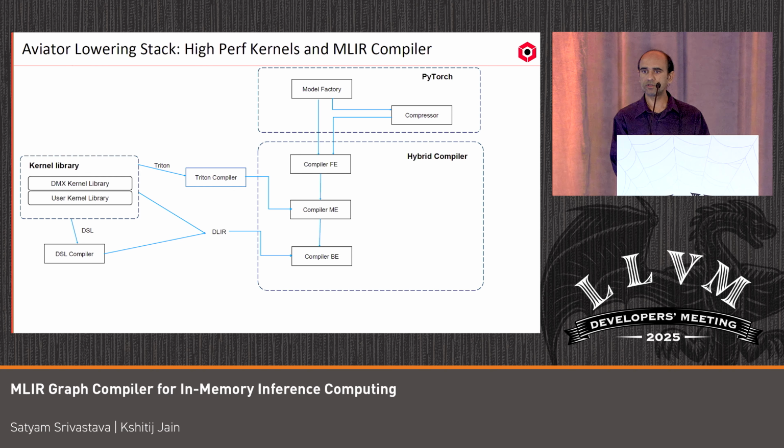These kernels can come in an external dialect like Triton, which we can support functionally, but there are structural differences between what Triton expects and the kind of abstractions our DSLs need. So we have other approaches to writing kernels at a slightly better abstraction down below. And in each of these cases, the kernels get translated into an IR or a dialect of MLIR that gets ingested into the compiler for subsequent processing and optimization.